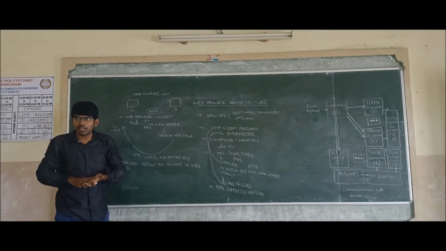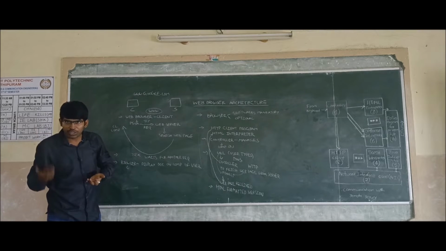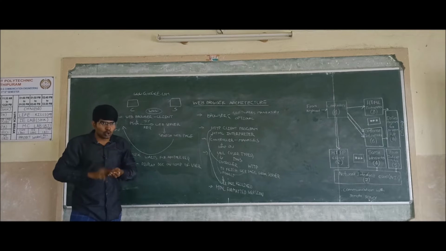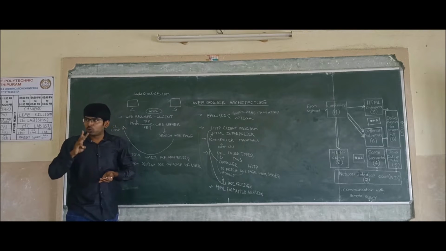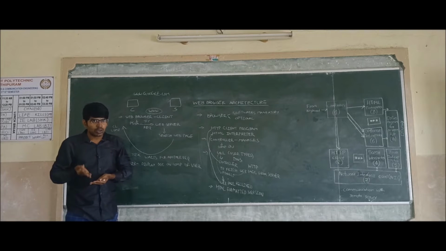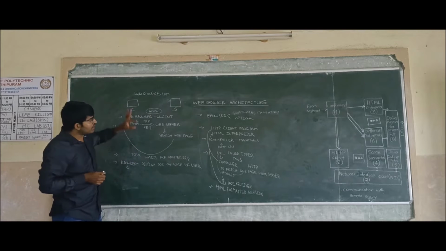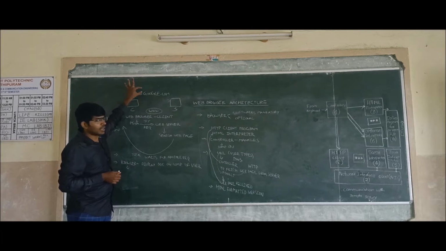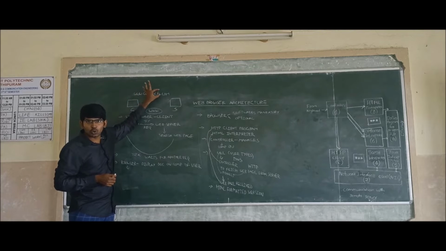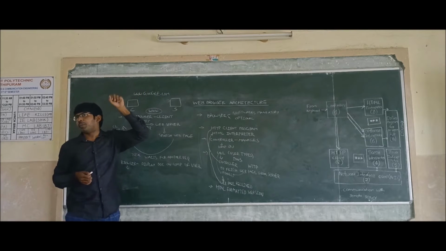You may use Internet Explorer, whose recent version is Microsoft Edge, or you may use Google Chrome, or Opera on your mobile, or Mozilla Firefox. These are the different types of browsers. In this browser you type www.google.com. www means World Wide Web.